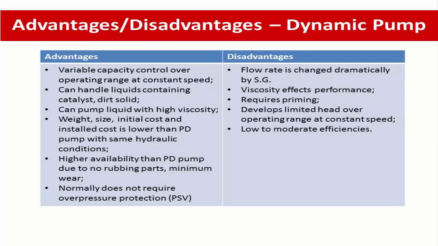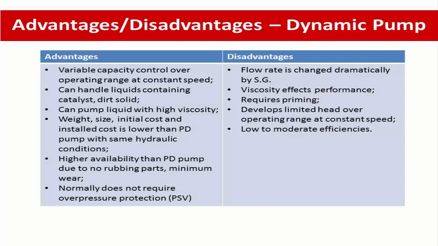Compare the advantages and disadvantages of dynamic pumps. Advantages of dynamic pumps: variable capacity control over the operation range at constant speed. Can handle liquid containing catalyst, dye, solids, dirt. Can pump a liquid with high viscosity.